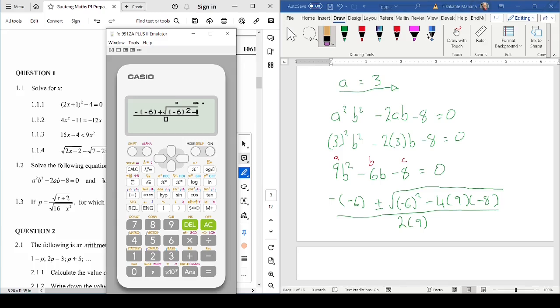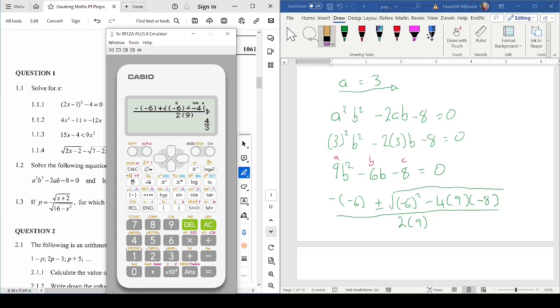Cool. Minus 4, open the bracket, 9, close it, open it, put a minus 8, close it. Go downstairs, put a 2, open the bracket, 9, close it. It equals to.